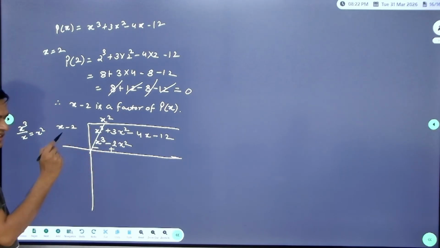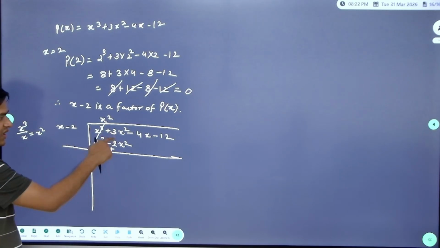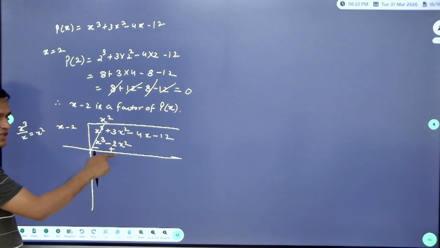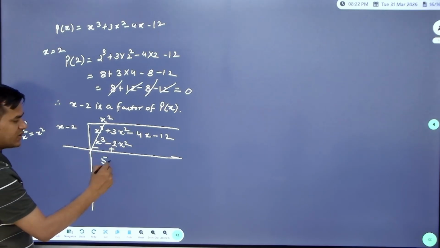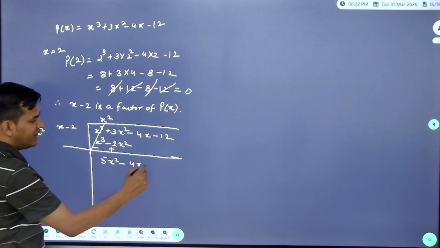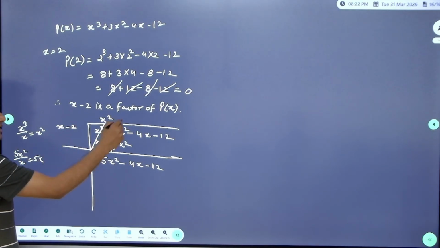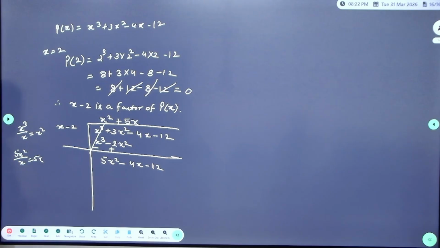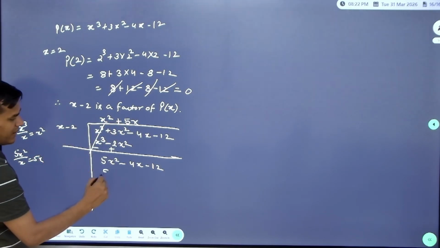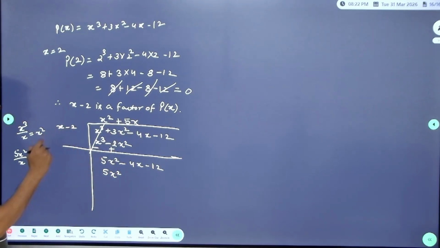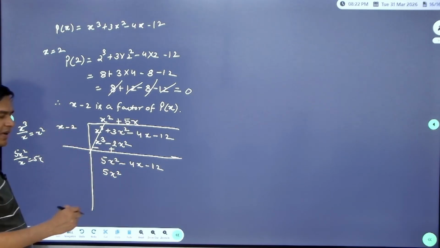So x cube and minus x cube will cancel. 3 plus 2, 5x square minus 4x minus 12. Now 5x square by x, 5x, so write 5x here. Now multiply with 5x, 5x into x, 5x square, 5x into minus 2, minus 10x.